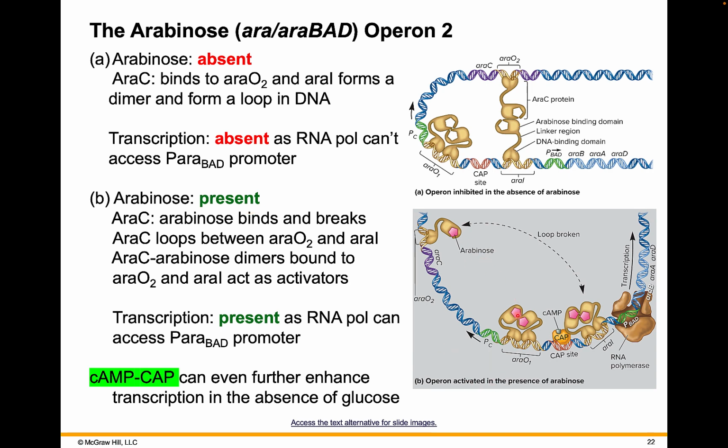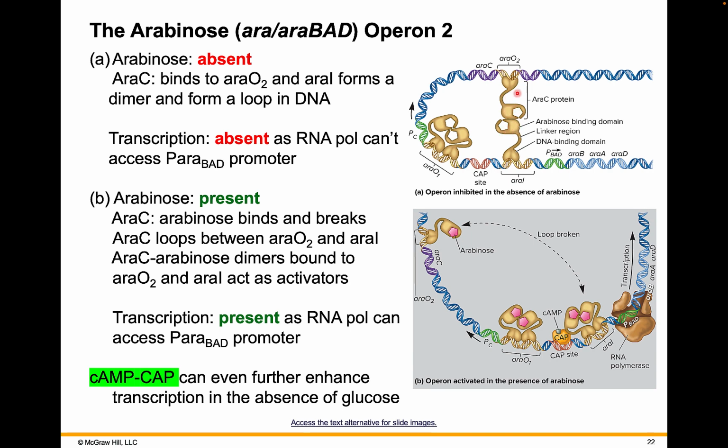When arabinose is present, this pink molecule is arabinose. And see that there is an arabinose binding site in the AraC protein, these empty spaces right here. So that is occupied by the arabinose. When arabinose binds to these molecules, very interestingly, the interaction between AraC protein bound to AraI and the AraO2 bound to AraC, this linkage is broken.